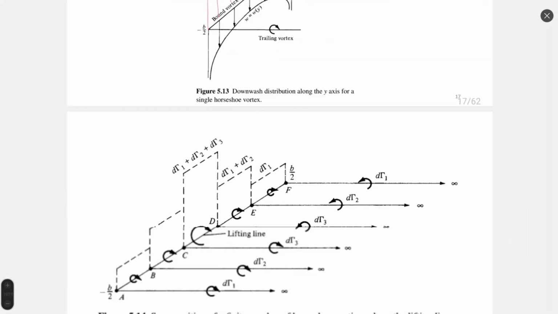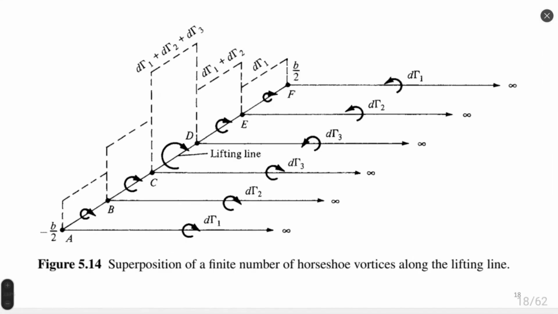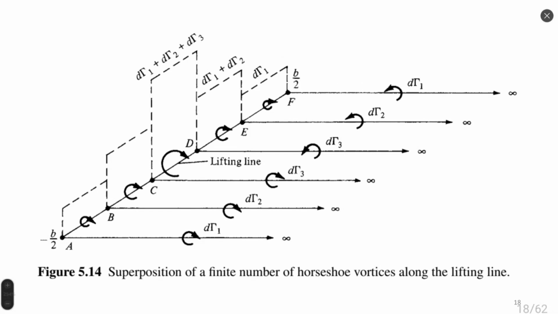To improve this theory, we can use the concept of superposition of horseshoe vortices presented in figure 14, which is a composition of different vortices which stay in the same place on the axis of the wing. So we have vortex gamma 1 of strength gamma 1. This vortex extends, of course, over all the wing, and it goes from the tip of the wing.